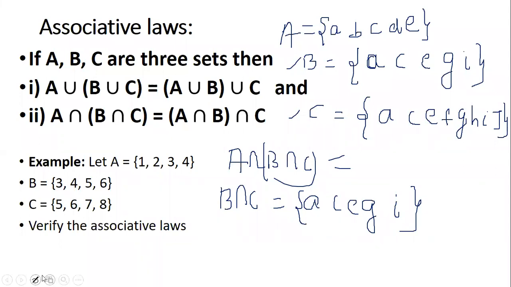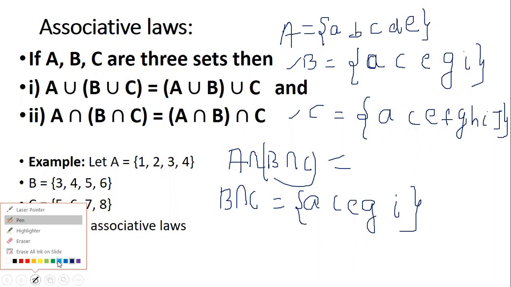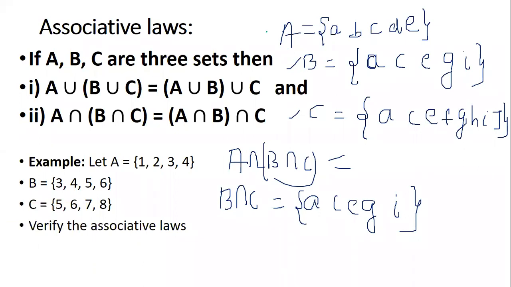Correct? Now, let us go with A intersection (B intersection C). Now, there is set A, there is set B intersection C. What are the common elements? A is common, C is common, E is common. Did you understand? You will not always get a null set. That is not a rule of getting a null set.